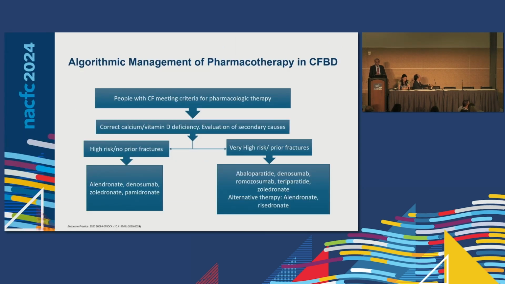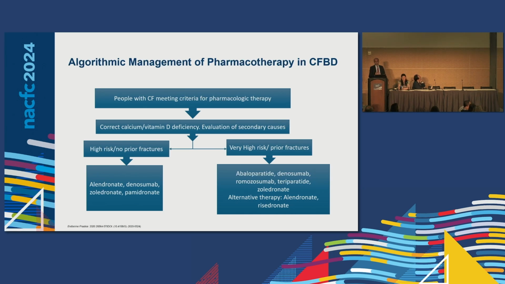So for people who meet criteria for pharmacologic therapy, again, correct calcium and vitamin D deficiency, and evaluate and correct secondary causes, if any. For those at high risk and with no prior fracture, possible treatment options include alendronate, denosumab, zoledronate, and pamidronate.